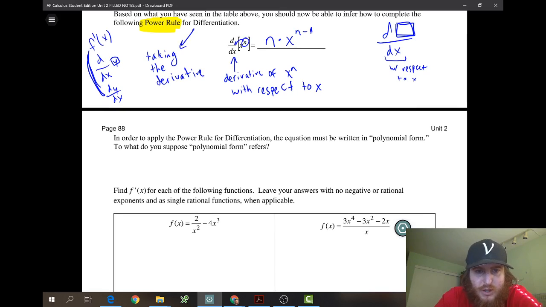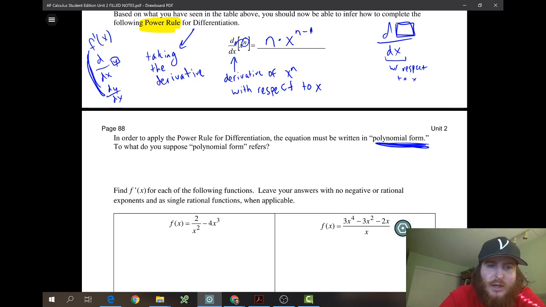In order to be able to use the power rule, we need the equation to be written as a polynomial. Okay, so it always has to be written as a polynomial. What a polynomial is, is whenever we have the sum or difference of multiple monomials, right?